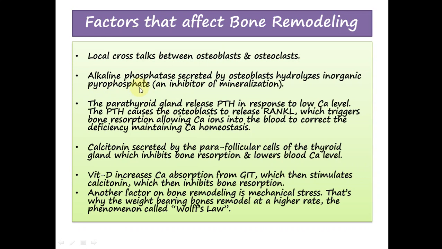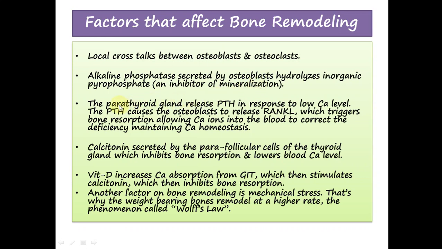It is important to note that this inorganic pyrophosphate is a natural inhibitor of mineralization, in which calcium and phosphate salts are deposited in the osteoid seam. So alkaline phosphatase has a very important role in bone mineralization, and we measure this alkaline phosphatase in the investigations and diagnosis of many diseases.